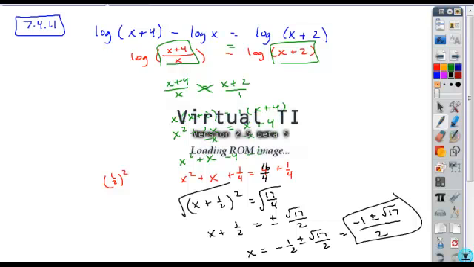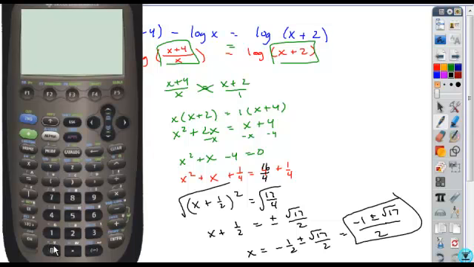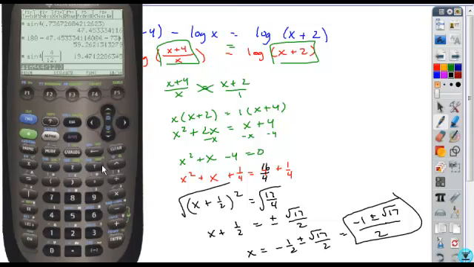Even if you left it here as the exact answer, you would need to make sure that none of the values you enter would give you a negative inside your log. Here, (-1 - root 17)/2 is going to give me a negative number. So I know that that's extraneous.